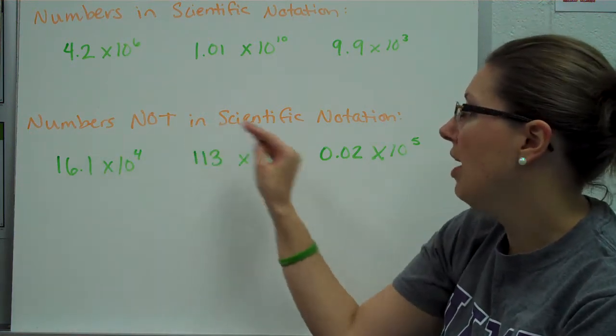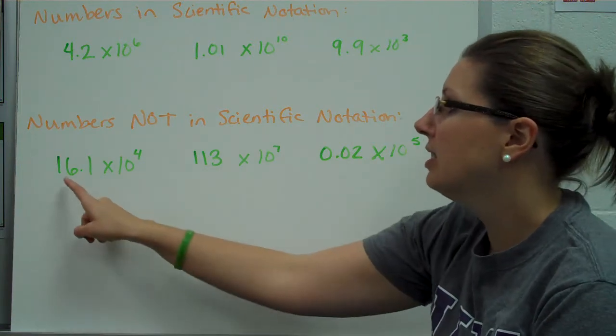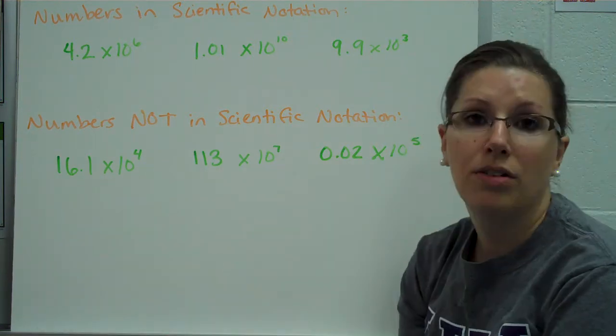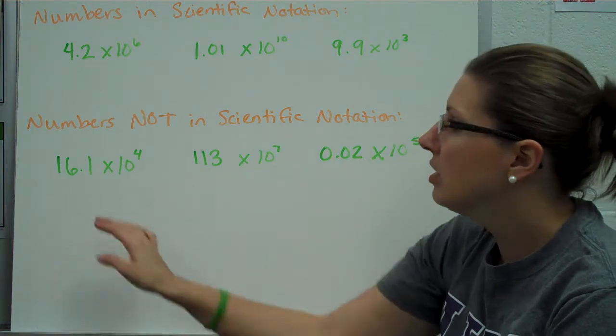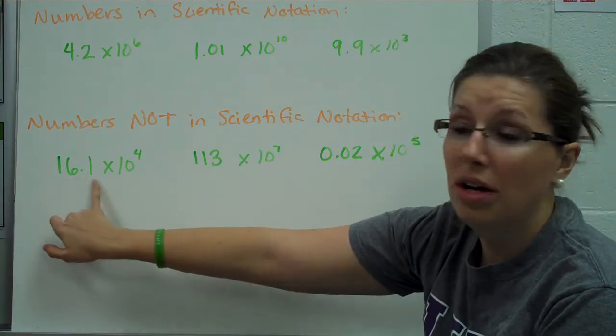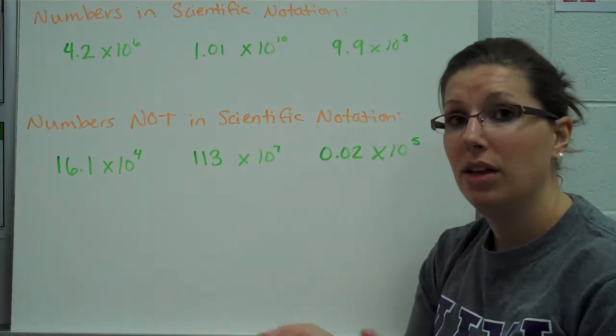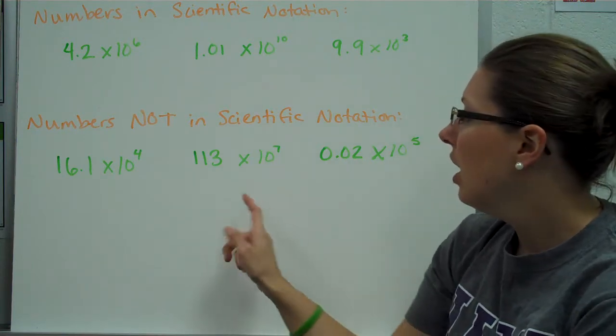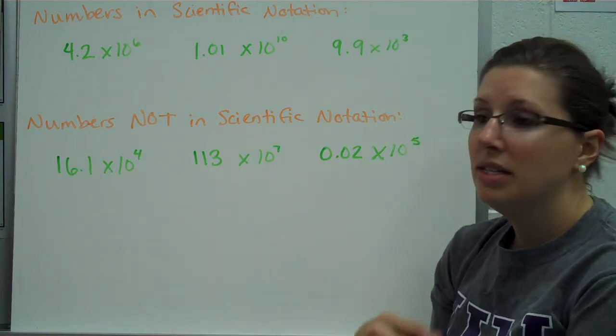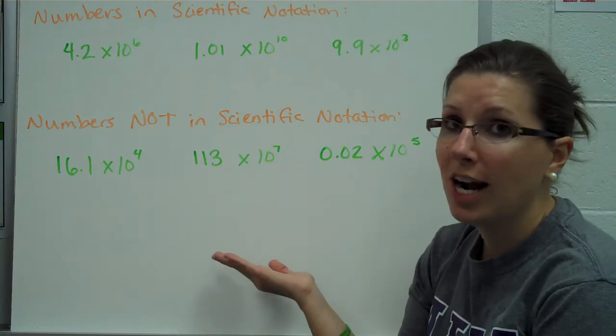Here are some numbers that are not in scientific notation. 16.1 times 10 to the 4th power. So that's a number bigger than 10, which I was telling you earlier you cannot have. Again, 113 times 10 to the 7th power, it doesn't fit our criteria.